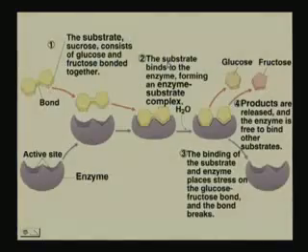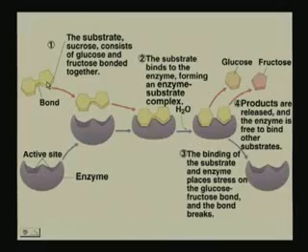Now, suppose we are looking at the hydrolysis of sucrose. This is just a schematic where we have the enzyme. This is the active site of the enzyme. You see that this is shaped in such a way that it is going to bind the 6-membered ring. This is geometrically shaped in such a way that it is going to bind the 5-membered ring.